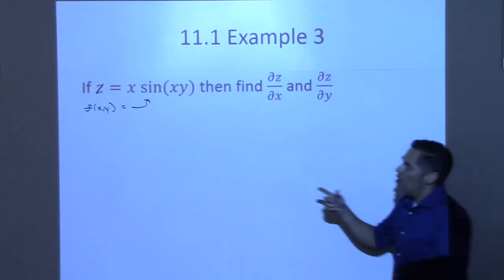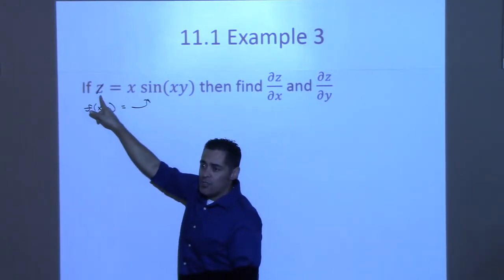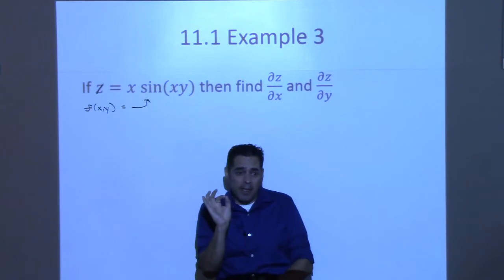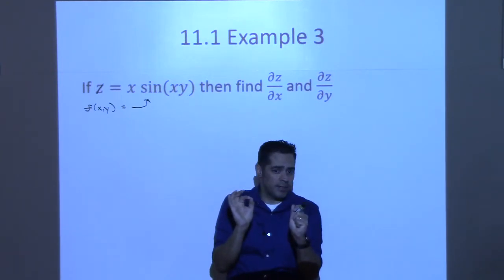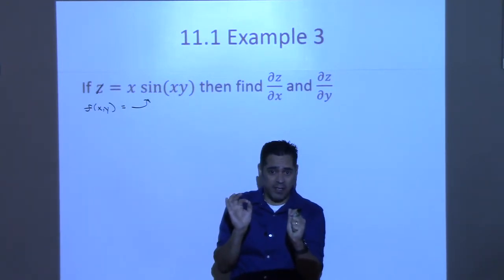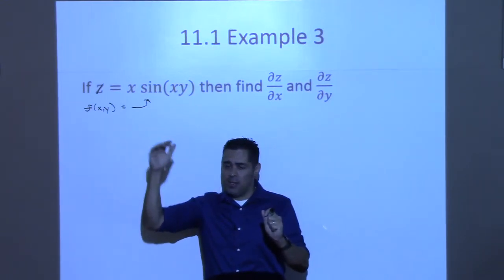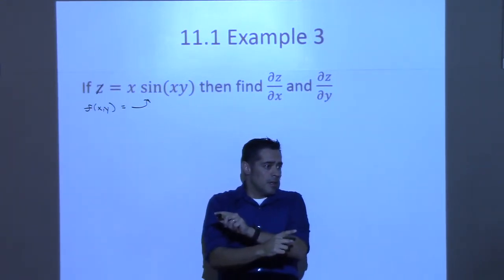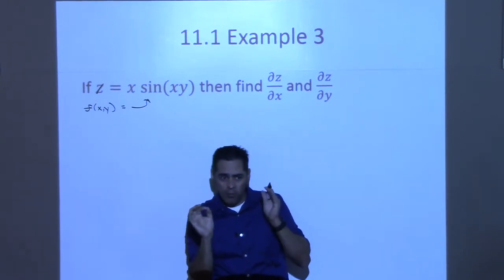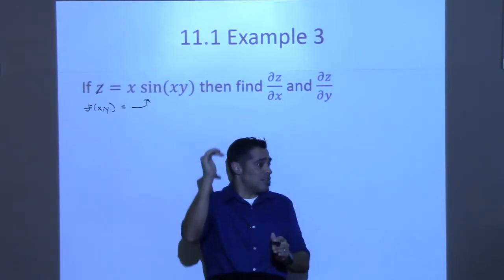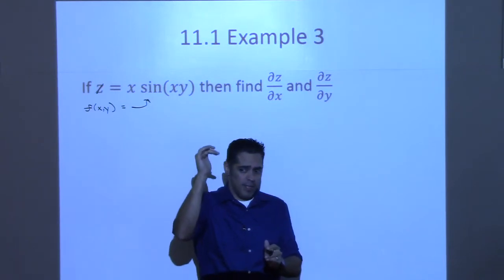So the only way to know how much z is going to change if I change y a little bit is if I promise you I'm not going to move x, right? If I hold x constant, then a little change in y will have an impact on z. Or you can do it the other way around. If I change x a little bit and hold y constant, then yes, I can talk about the change in z. Does that make sense?